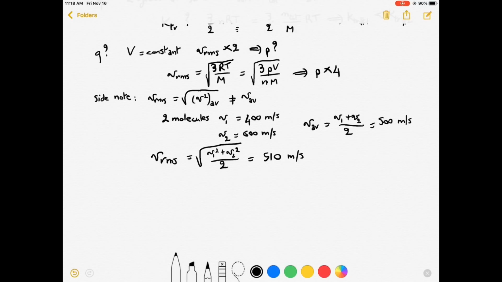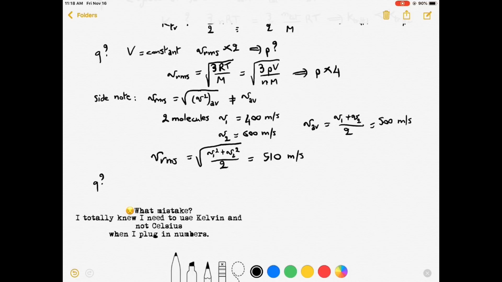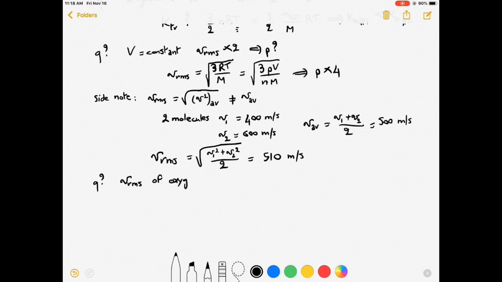Now finally, those are all conceptual questions, but you also need to be able to plug in numbers. Remember last time when I asked you to plug in numbers, you realized that you make mistakes with units. So this is something you should always be able to do. Let's do a numerical question. What is the RMS speed of an oxygen molecule at, say, 27 degrees Celsius?